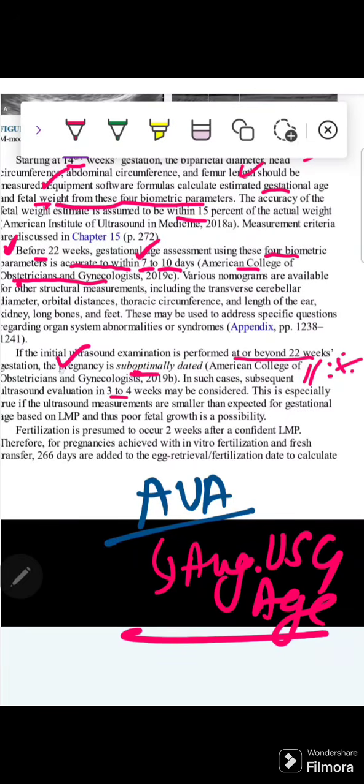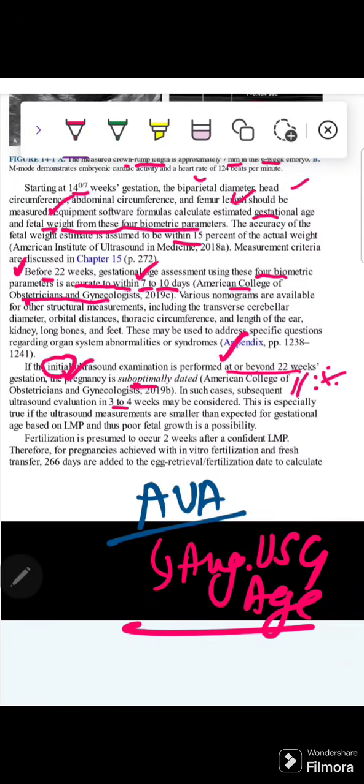If the first ultrasound itself is done at or beyond 22 weeks, a very commonly encountered problem, you will have patients who have come very late, or were diagnosed with pregnancy very late, and they do their first or earliest ultrasound after 22 weeks, where it is known as suboptimally dated.